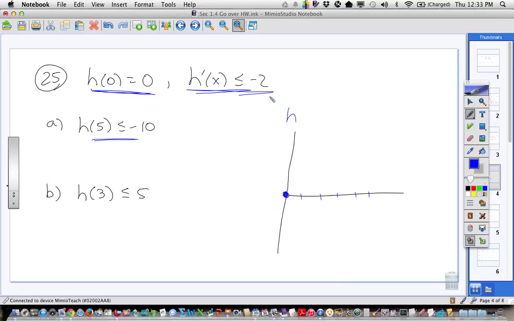Now here's where Kelsey and I were having this conversation just a few minutes ago. When we're talking about slopes, and also when we're talking about velocities, we got to be careful, because if I tell you that my velocity is decreasing, what's the first thing you thought of?